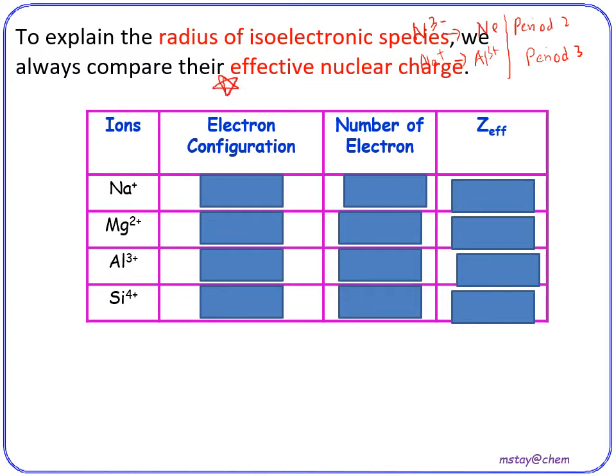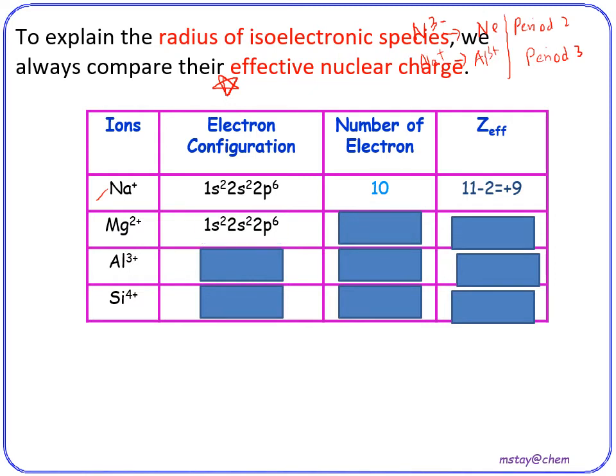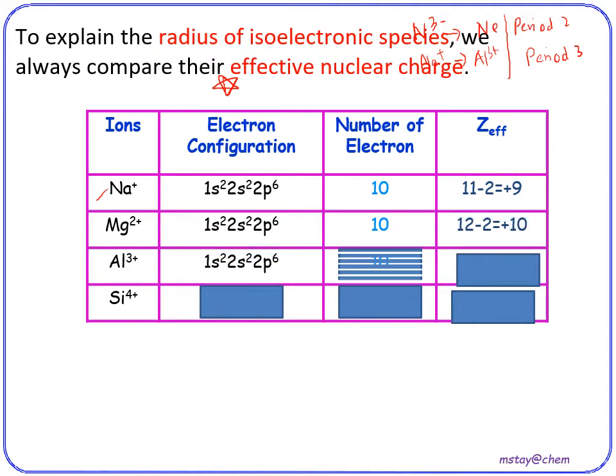To explain the radius of isoelectronic species, just remind yourself, we are going to use the factor of effective nuclear charge. For example, the electron configuration for Na plus is up to 2p6, so the number of electrons is 10. The effective nuclear charge is positive 9, 11 minus 2. Mg2 plus also has the same, but the effective nuclear charge is 10.